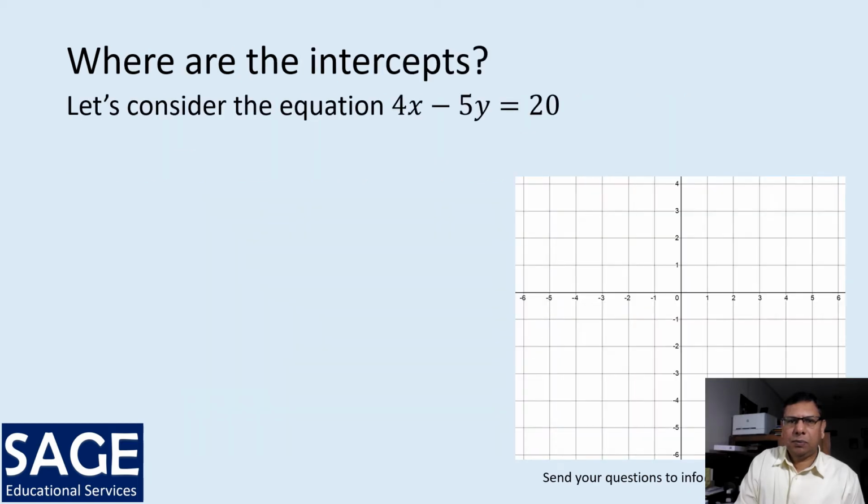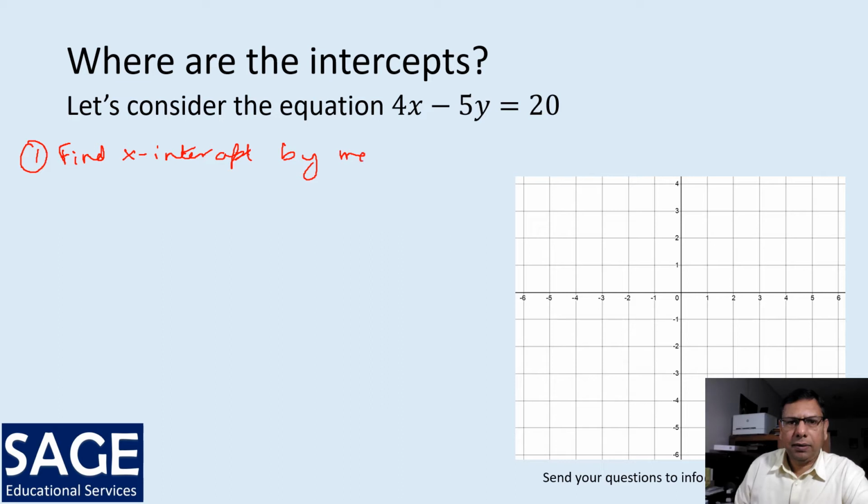So here's an example. We want to find the intercepts of the equation 4x minus 5y is equal to 20. The first thing we need to do is find the x-intercept. And how do we do that? By making y equal to 0.